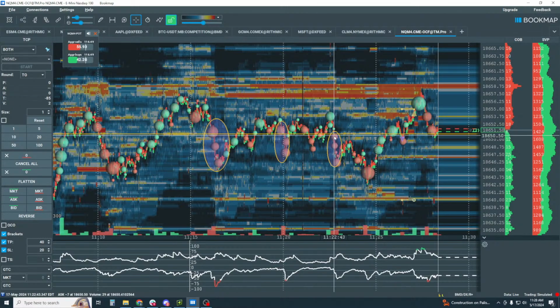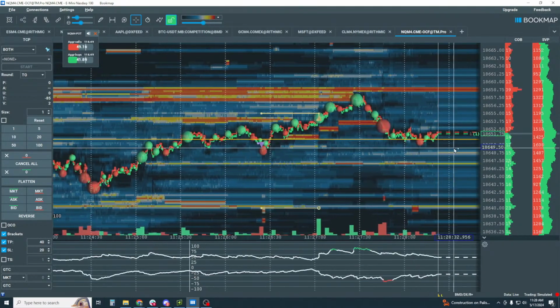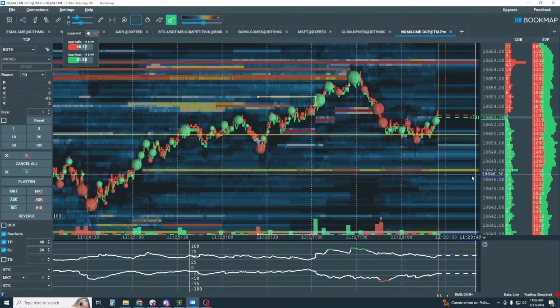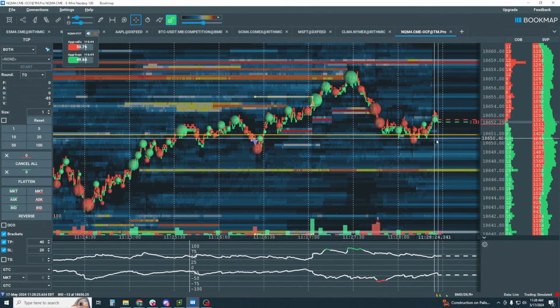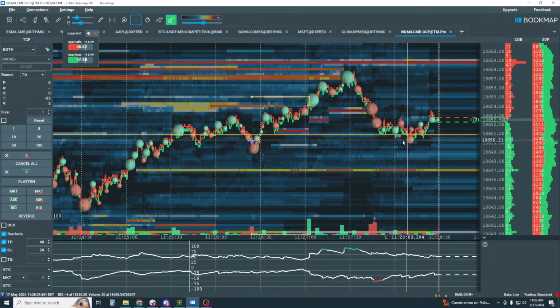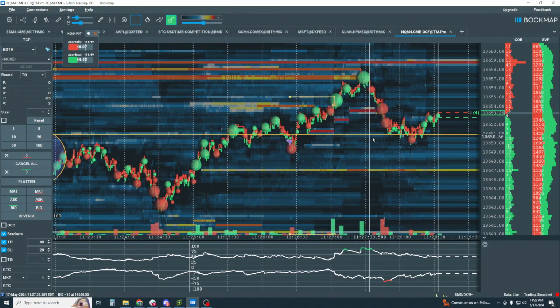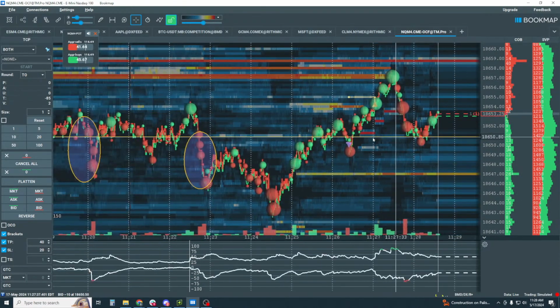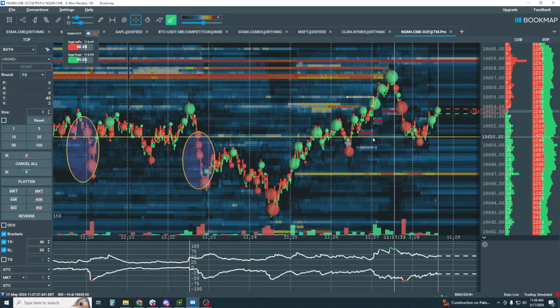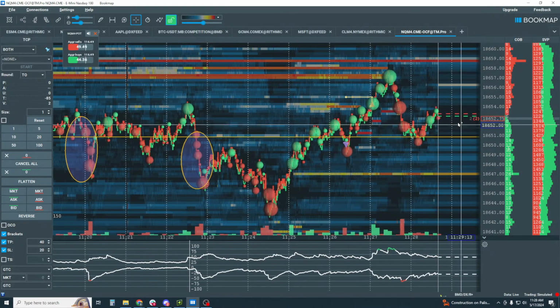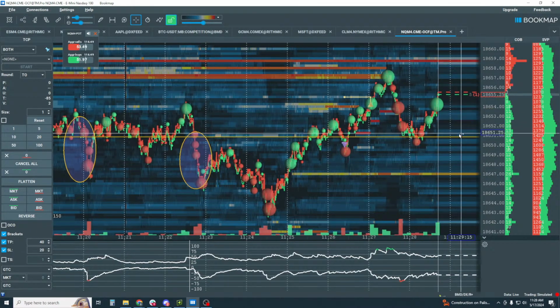Okay, I'm still looking for them in here. If we get a slanted or skewed book in here, we can still look for them. We're still seeing more on the bid though here.